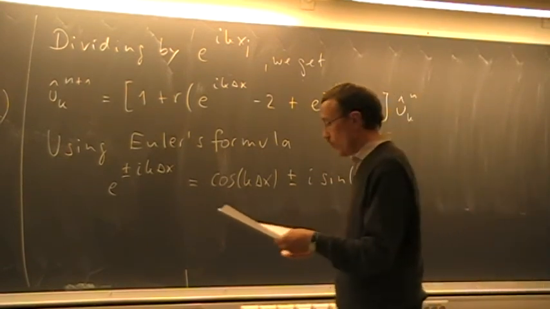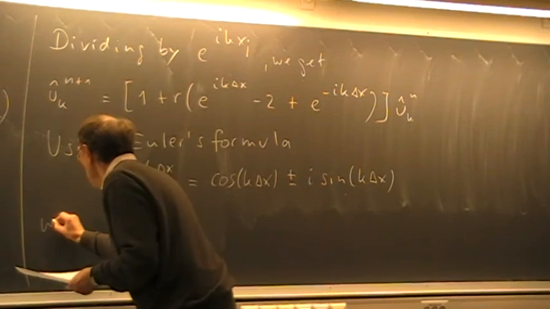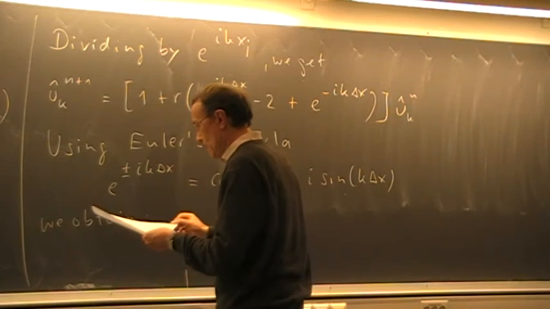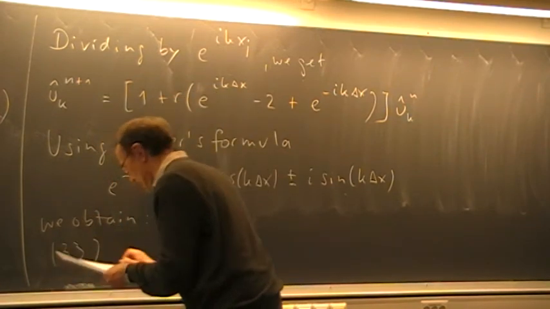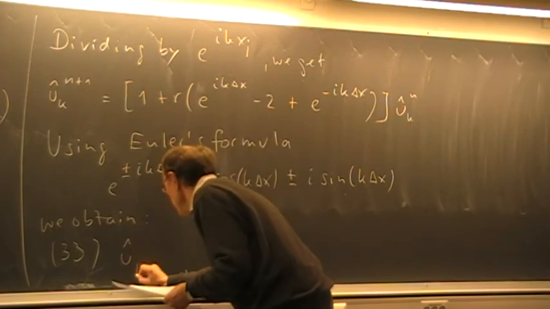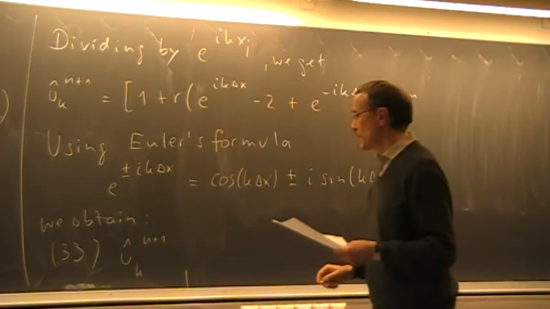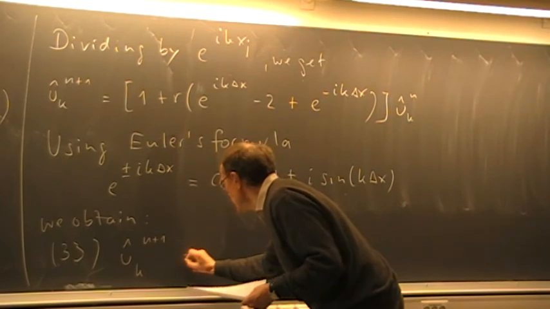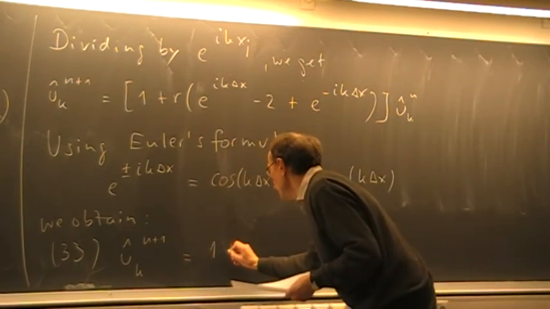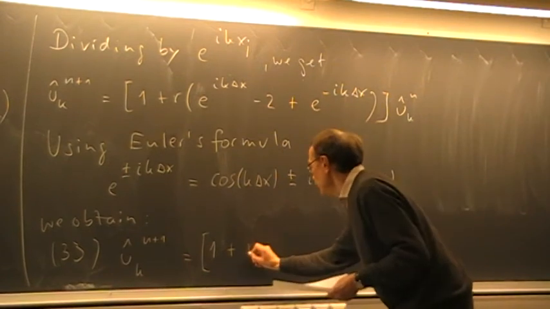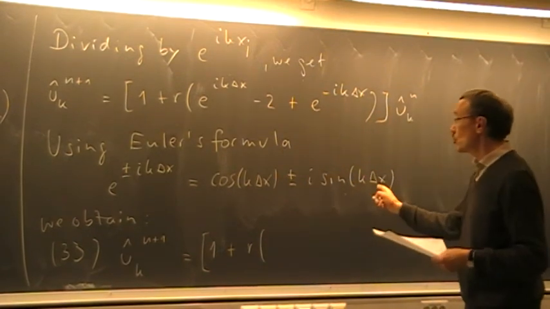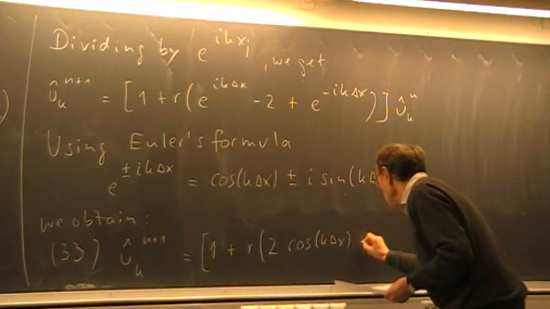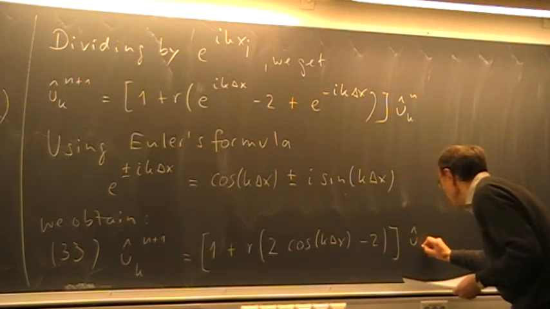So from that we obtain equation 33. The u hat k n plus 1, that is our Fourier transform at the new time level for the wave number k, is equal to 1 plus, and now we have the cosine in there, 2 times cosine k delta x minus 2, times u hat k n.